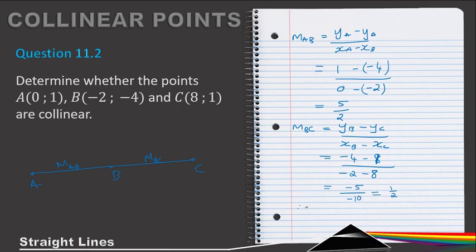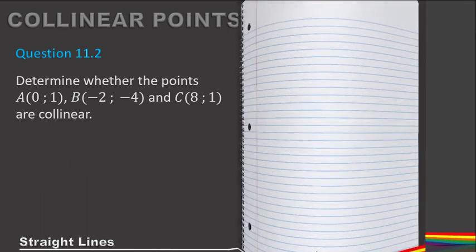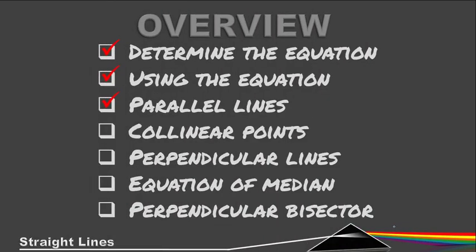So my gradient of AB is not equal to my gradient of BC, and therefore points A, B and C are not collinear. So those were collinear points.